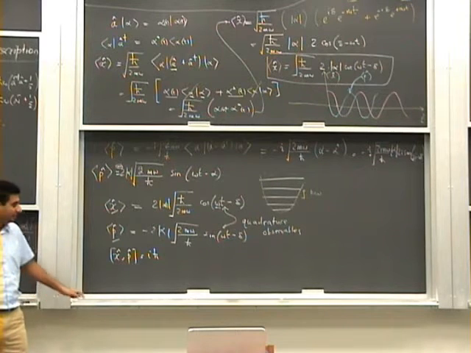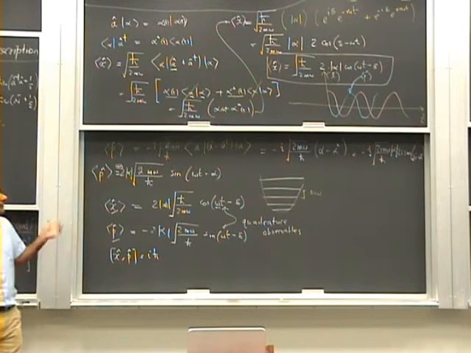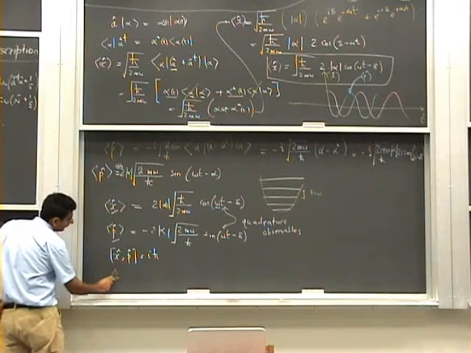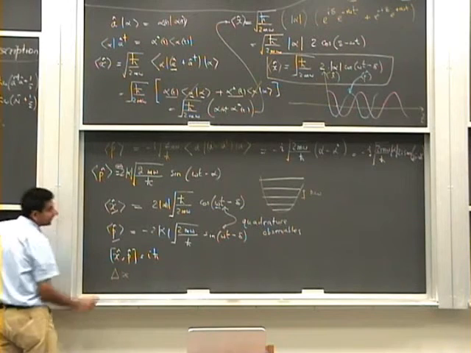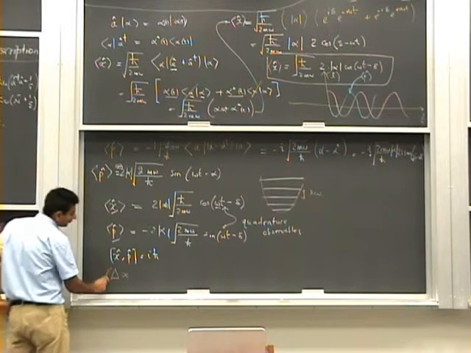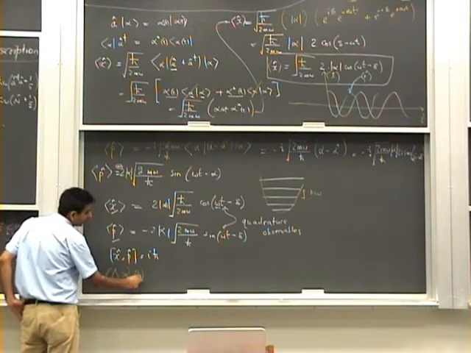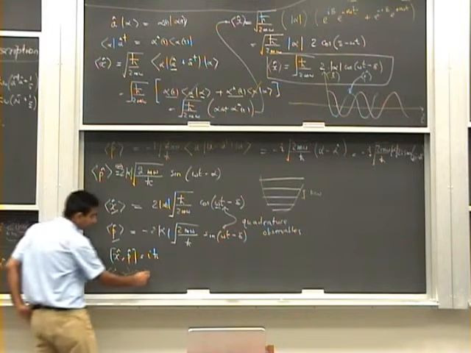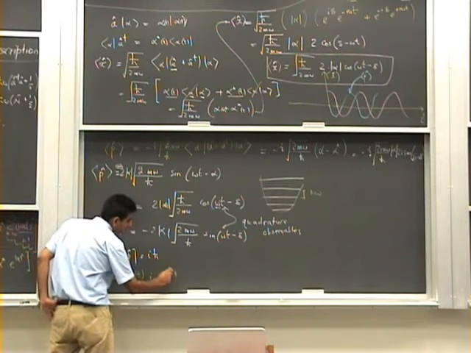Okay. So instead of finding the wave function in position space, I would like to know what is the uncertainty in the observable x, and I assume it's a function of time. I would like to also find out what's the uncertainty in p.